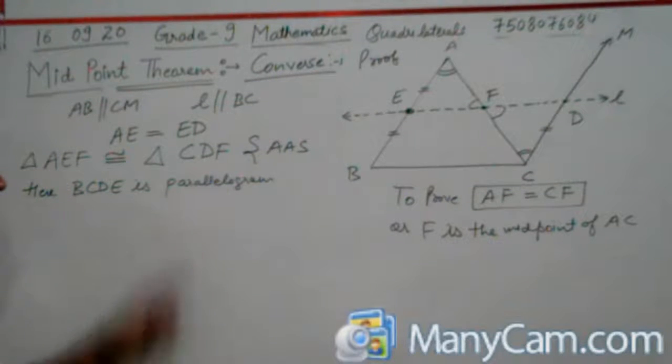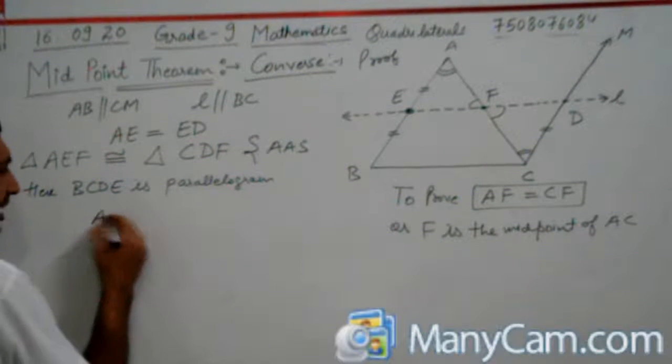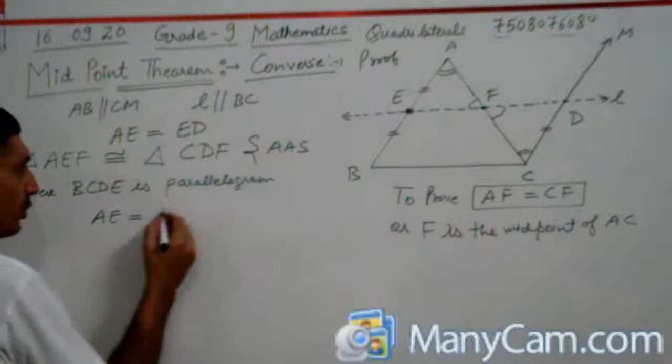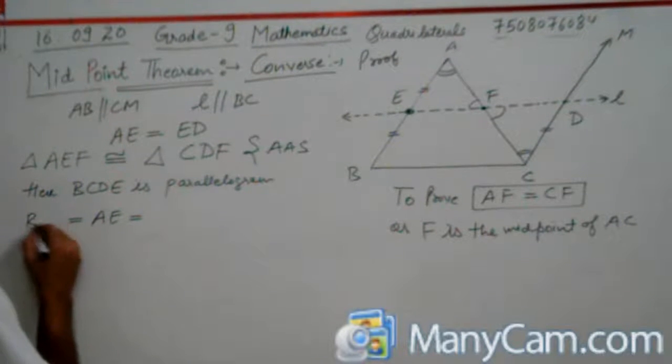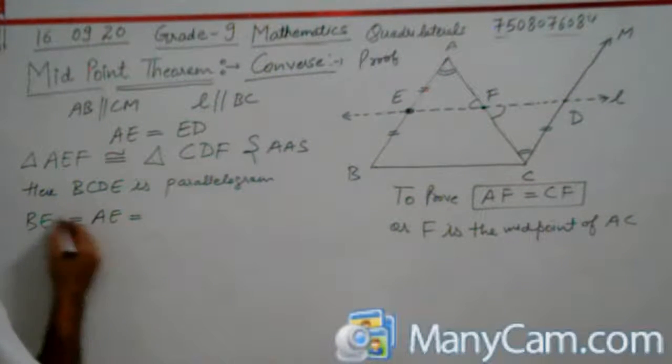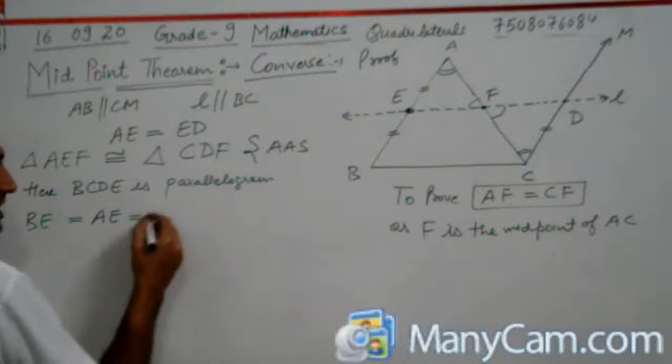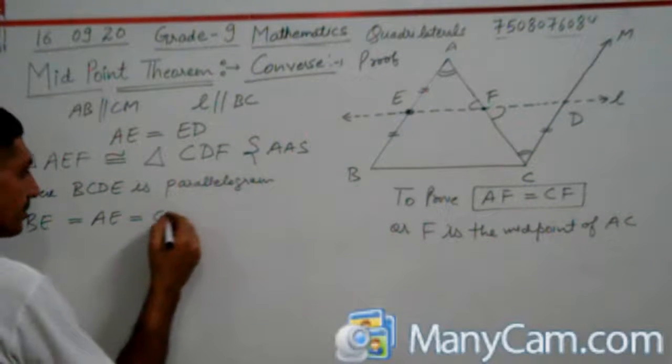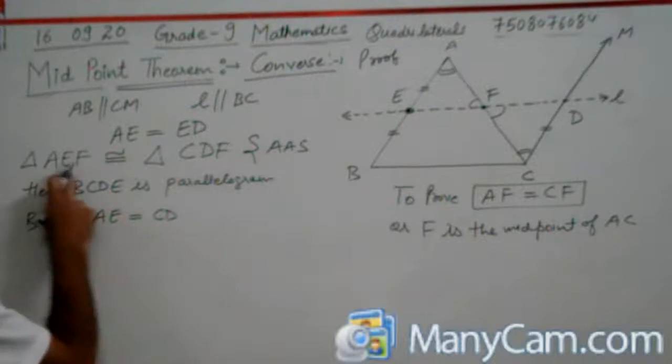Which side? AE is equal to BE already, and BE is equal to CD, so AE is equal to CD.